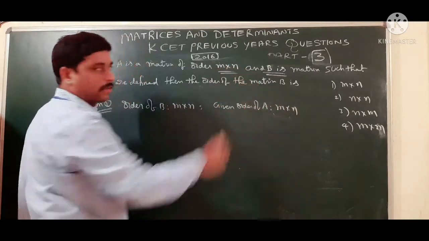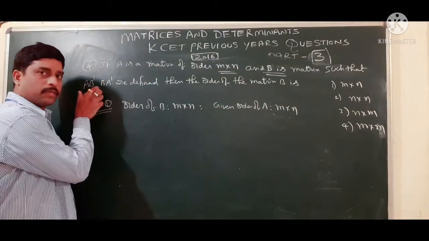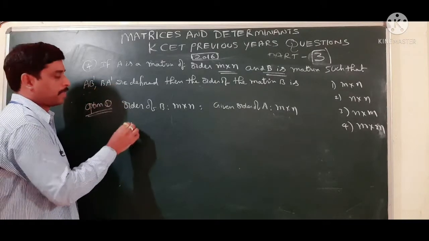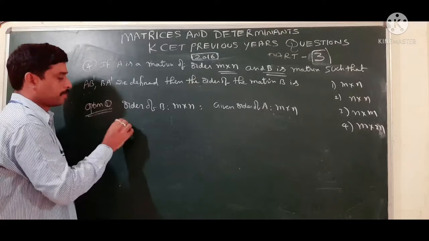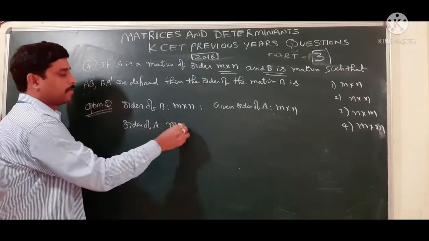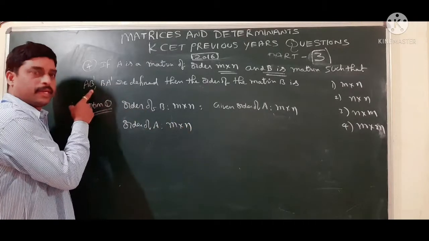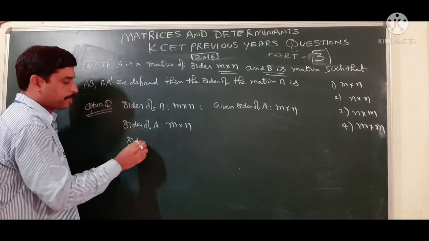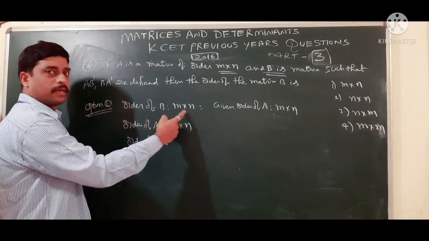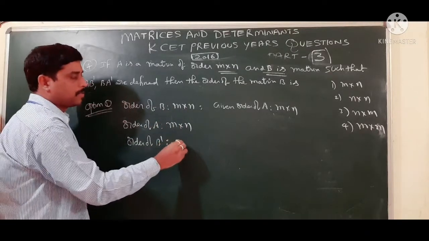Now first we have to find the order of AB' and the order of BA'. The order of A is m by n, and the second matrix is B'. Since the order of B is m by n, the order of B', the transpose of B, is n by m.